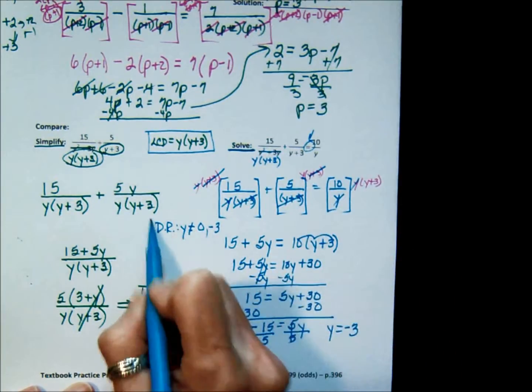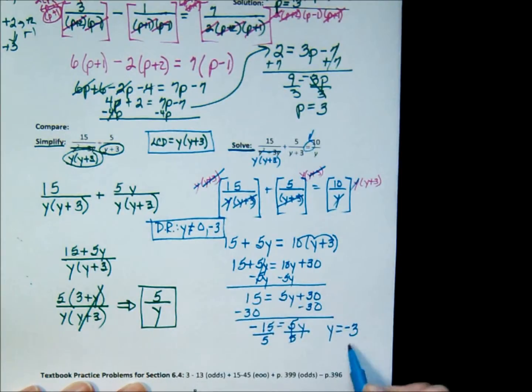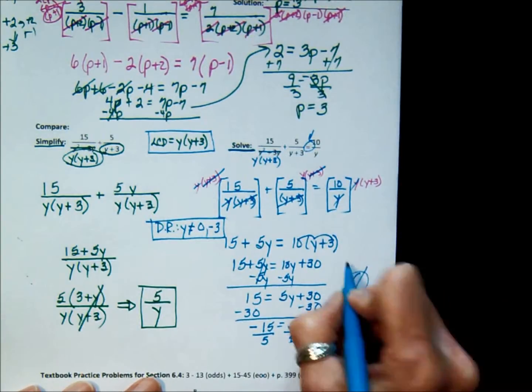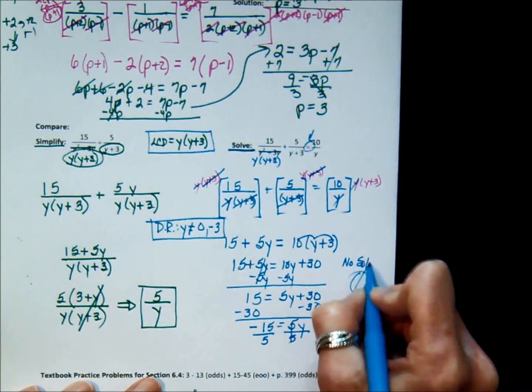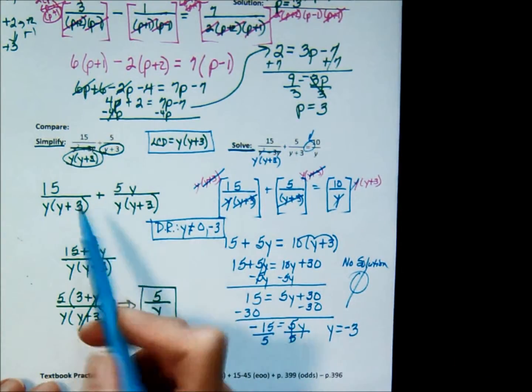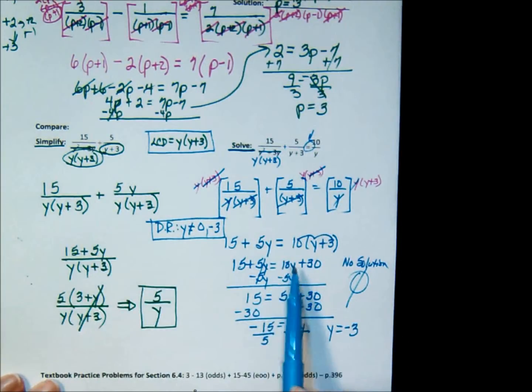So because my domain restriction says y can't be negative 3, and I got negative 3, then my answer here is the empty set, or no solution, because of my domain restriction. So I want you to really look at the difference between this green problem, simplify, and the blue problem, solve, because they are similar but very, very different.